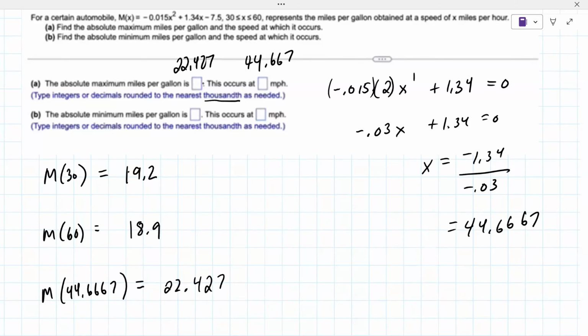So nearest thousandth means 3 decimal places. And then the minimum is 18.9. That's the smallest number there in the list. And this occurs at 60 miles per hour.